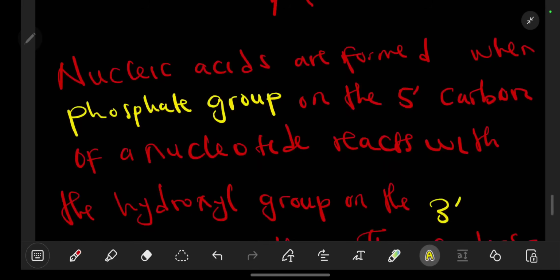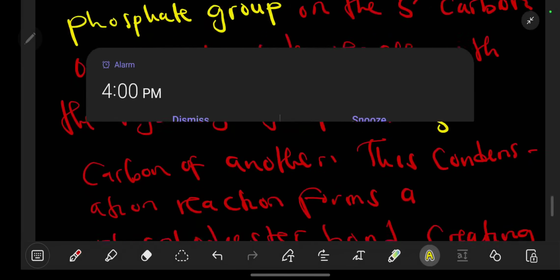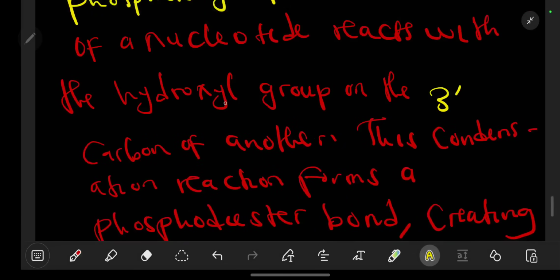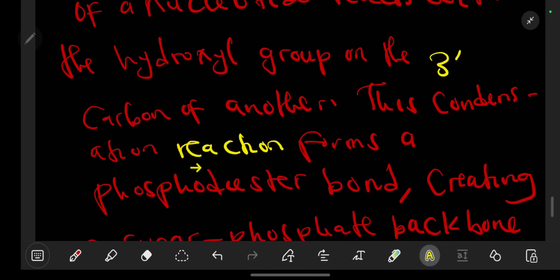So if you need more information about this, just comment. The 5' carbon of a nucleotide reacts with a hydroxyl at the 3' carbon of another. This condensation reaction forms what we are going to call a phosphodiester bond.